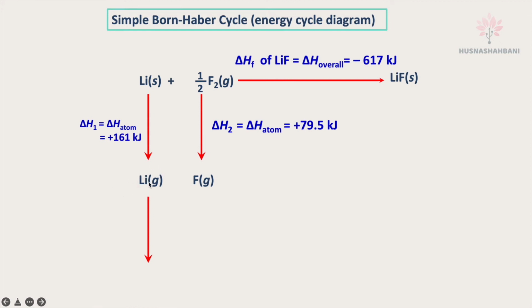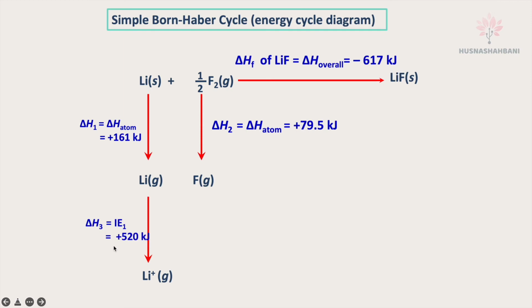So one by one. After you atomize this, you ionize the Li. When you want to ionize the Li, this Li is group 1. So you need to do the enthalpy of ionization energy. You remove 1 mole of electron.